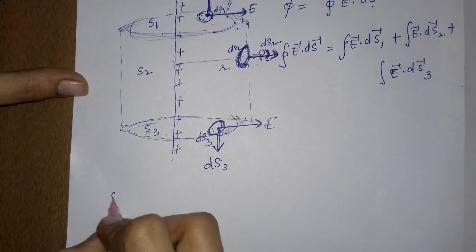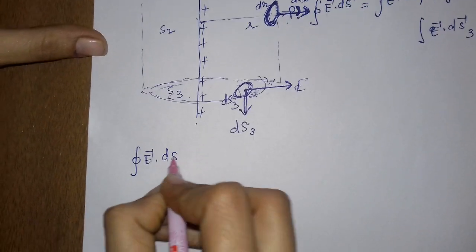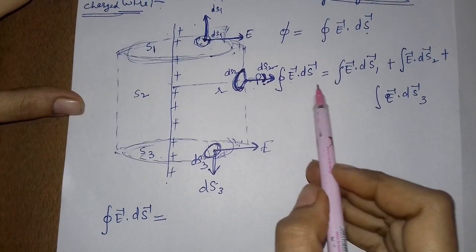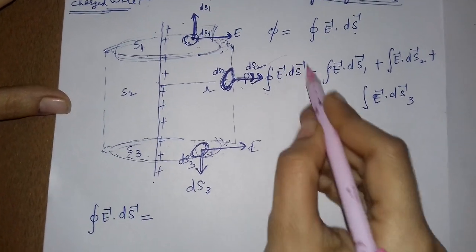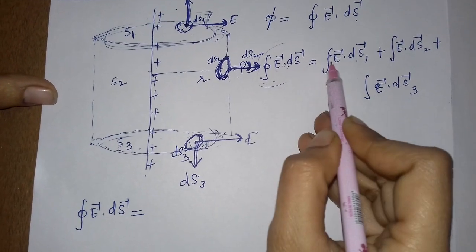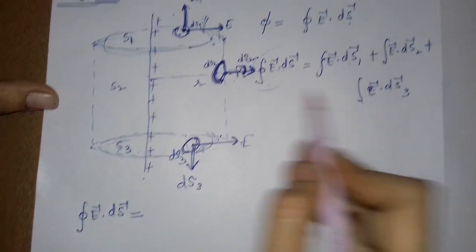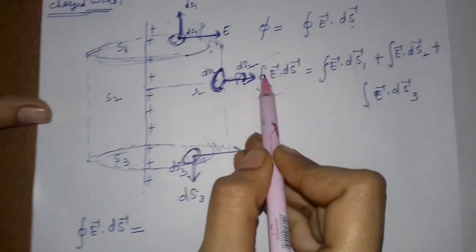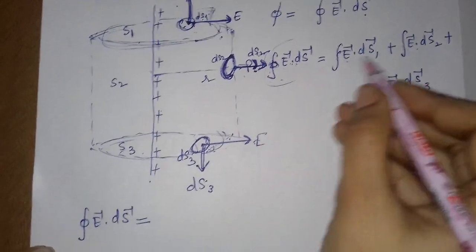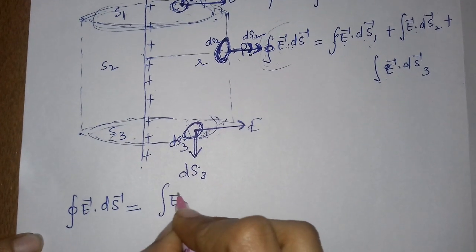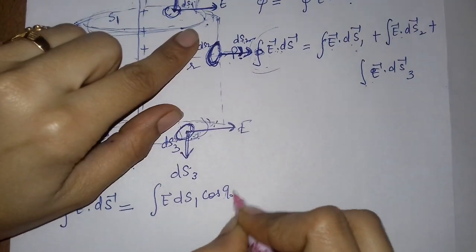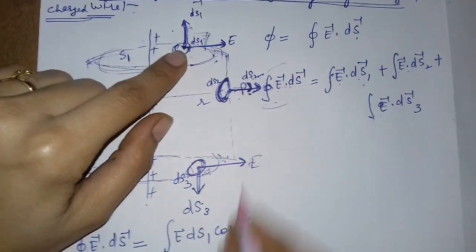So now we can write the closed integral of E dot ds equal to, here you must note that when we split this expression in its component form, I am not using the closed loop sign because I have opened it, right? On the left side there is the sign of closed loop, but no sign on the right-hand side. So E dot ds1, I will write as E ds1 cos 90 degrees, because the angle between E and ds1 is 90 degrees.